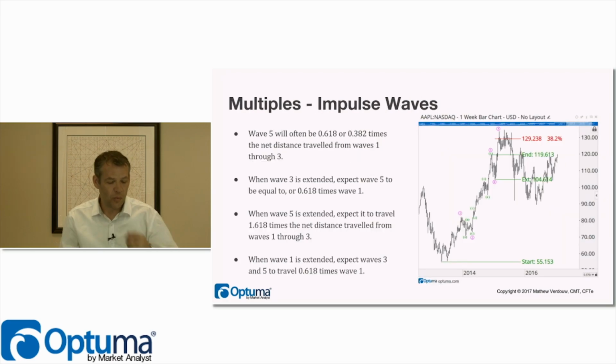Impulse waves. When we talk about impulse waves, we look at wave relationships and the multiples, and we multiply that factor into those waves. Wave 5 will often be 0.618 or 0.382 of the net distance travelled from wave 1 to wave 3. Let's have a look at that on this chart here. If we take the start of this move, and you can see how I've labelled this 1, 2, we've got a big wave 3 here with some subwaves inside it, coming down to wave 4.